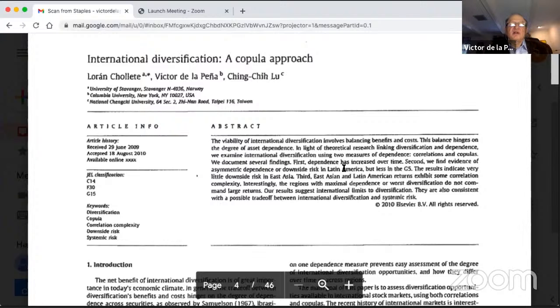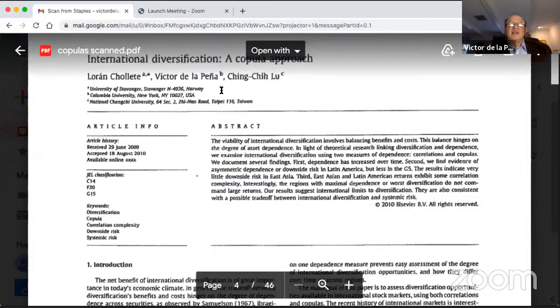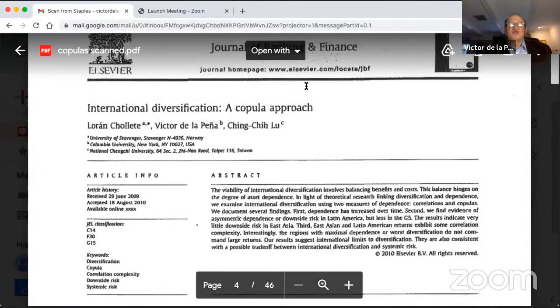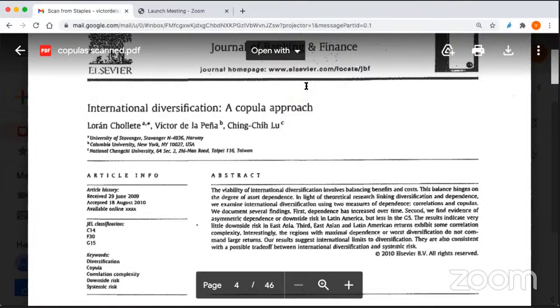This paper with my former student Laurent Colette and one of his colleagues appeared in the Journal of International Banking and Finance, and it has had a wide impact in the banking industry. It has over 100 citations, and it's going up.